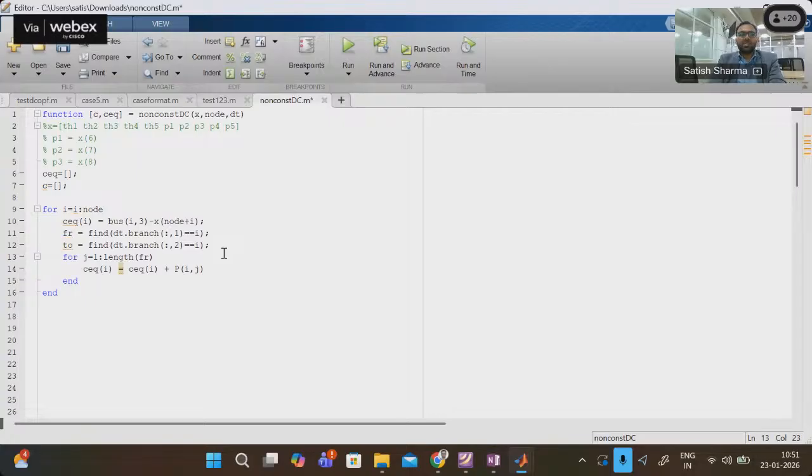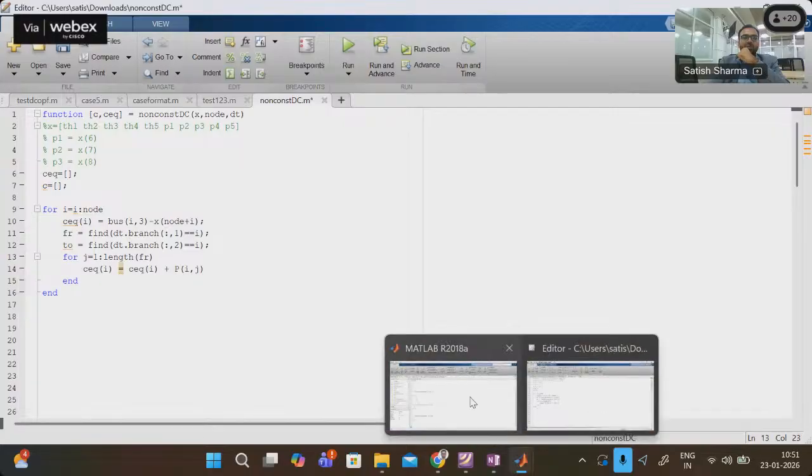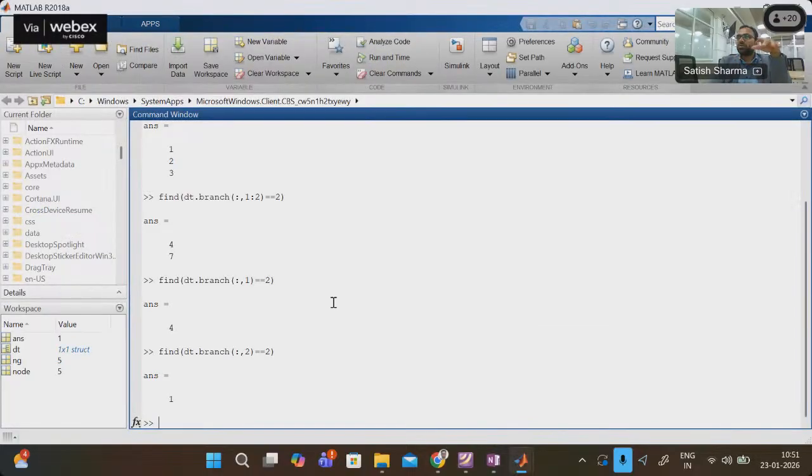If it is from bus, then how will the code look? So j equals 1 to FR, and in FR we are getting the values like 1, 2, 3, 4, and 1. So the branch number is coming to us.